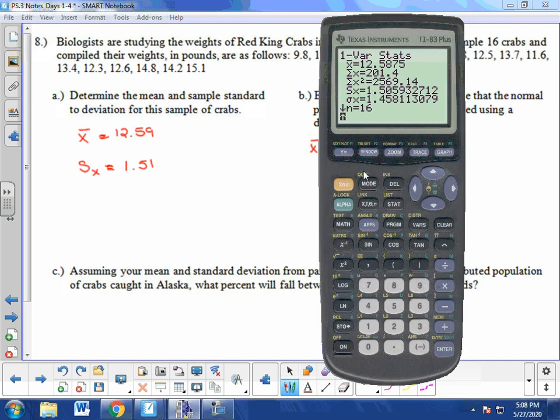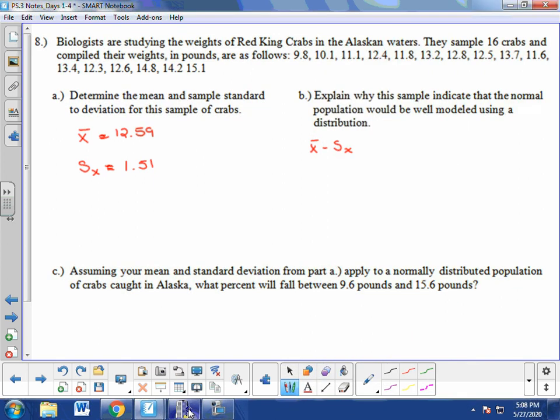I can do that here on the calculator: 12.59 minus 1.51, and I would come up with 11.08. Then I would also do the same thing to figure out how many sample standard deviations above the mean we could go, with plus 1.51. If I added those together, I'll save you the typing on the calculator, that would be 14.1.